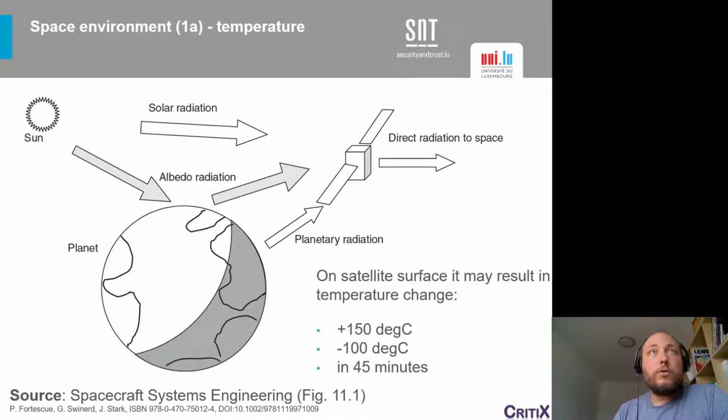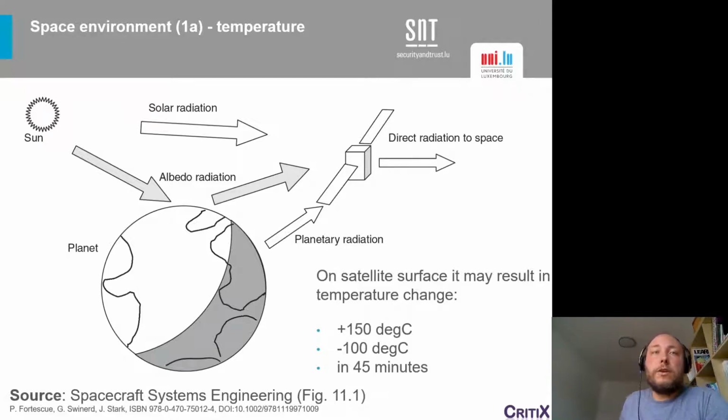So yes, let's get to the harsh environment of space. As you've already heard, there's a lot of sun radiation in terms of visible light and thermal radiation that is being generated by the sun.